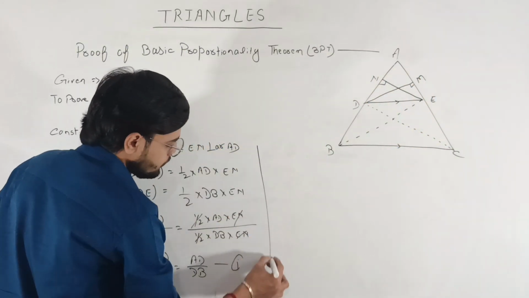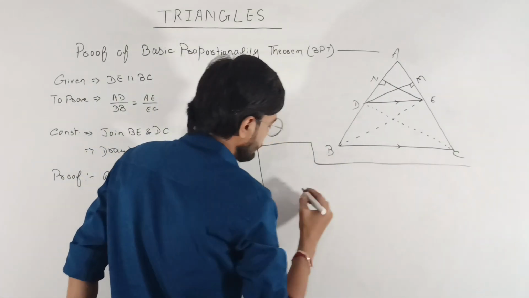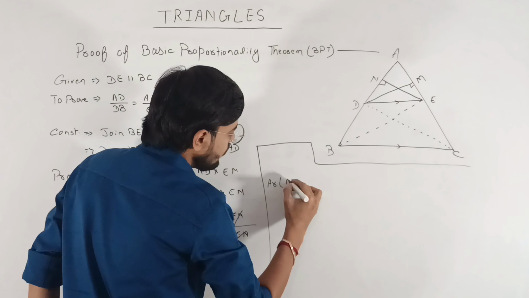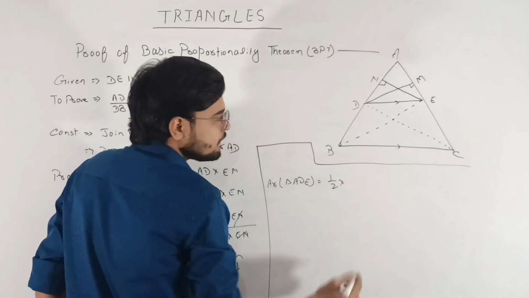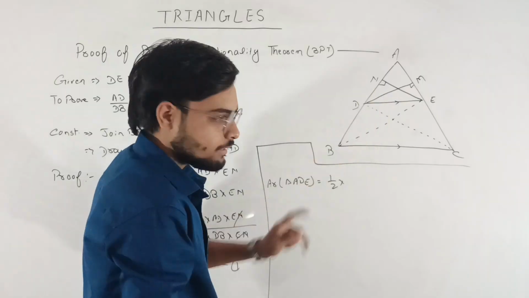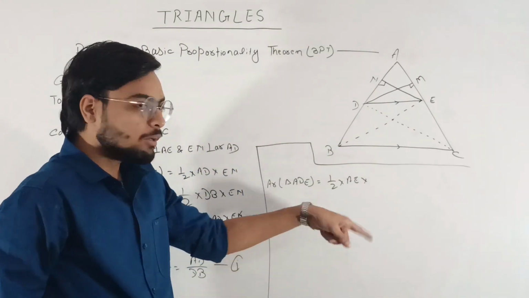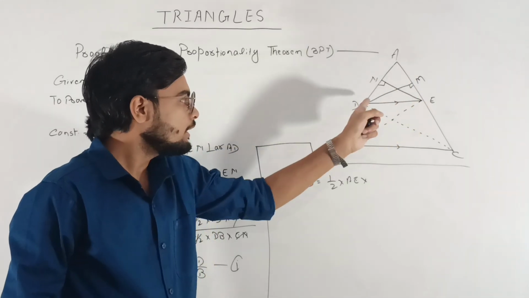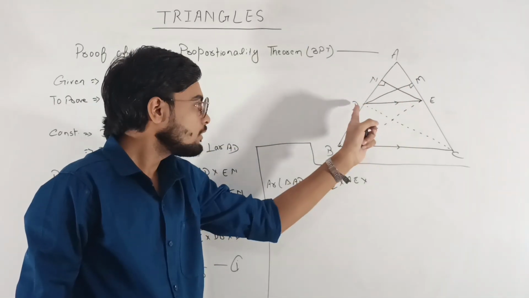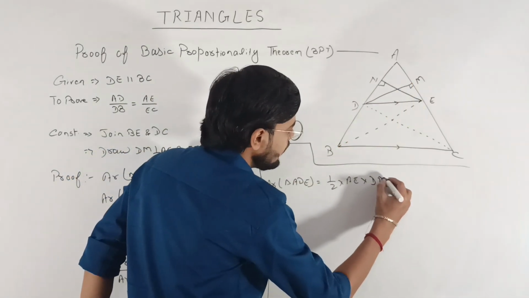Then again area of triangle ADE is equal to half into base. I take AE as base. So AE, and height is what? Perpendicular from opposite vertex. So AE, opposite vertex is D, and perpendicular is DM. So height is DM.